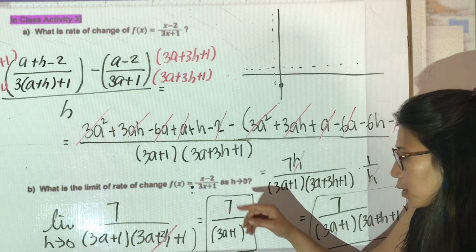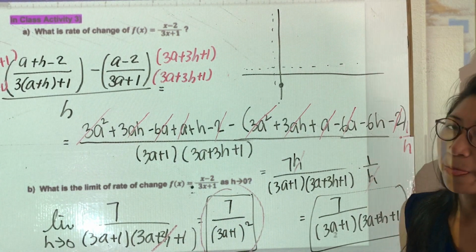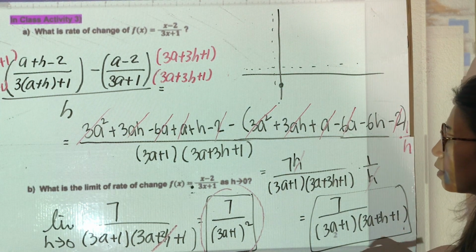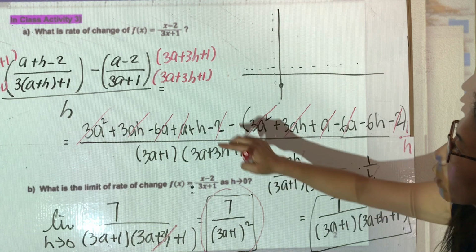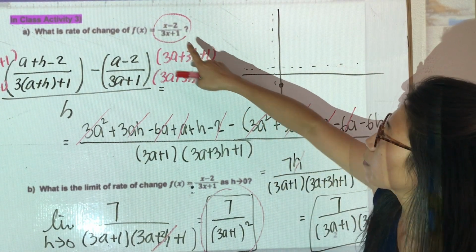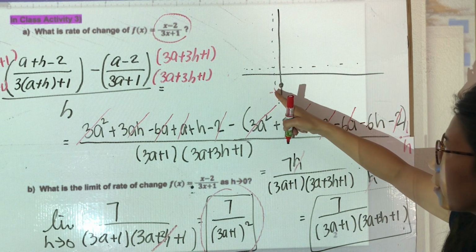So when I look at this one, I will try to give a brief explanation of why we're doing this. Also watch the 2.1 lecture, where we go over the same explanation, but I want to graph this function briefly. As you see, the denominator cannot be negative 1/3, so I'm going to have a vertical asymptote.